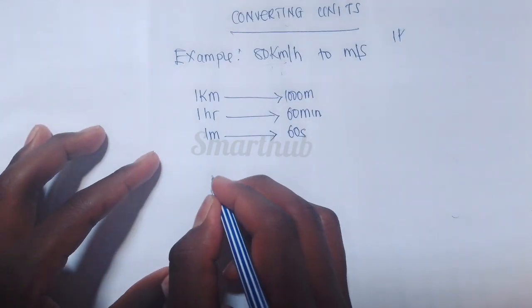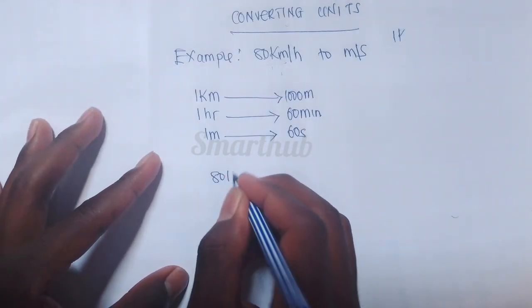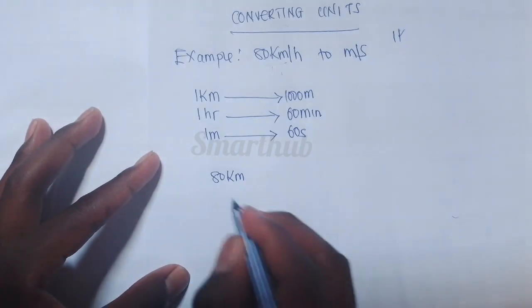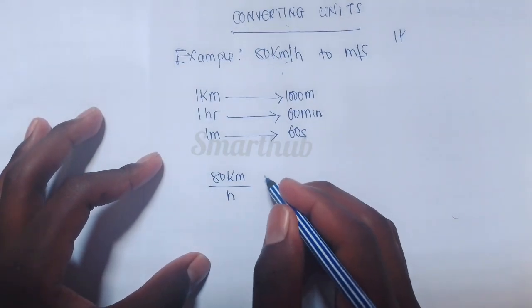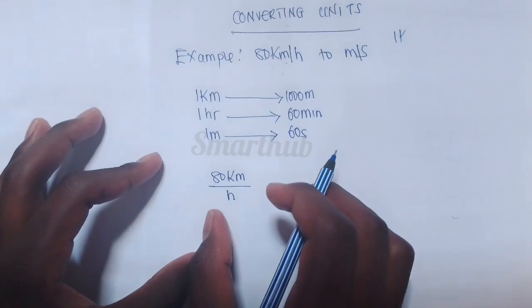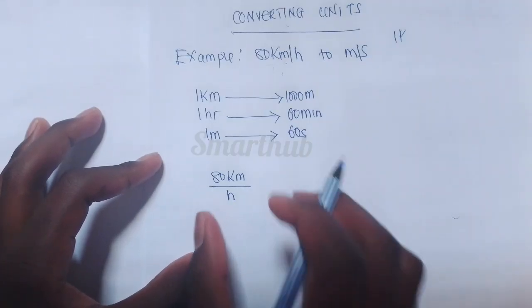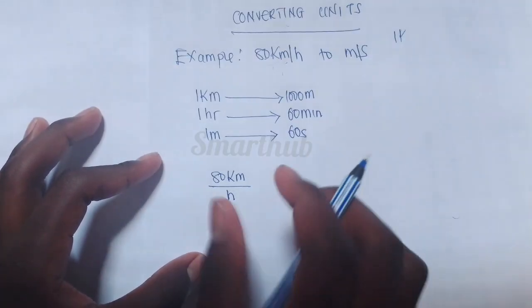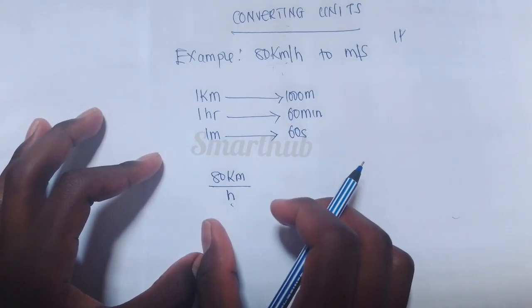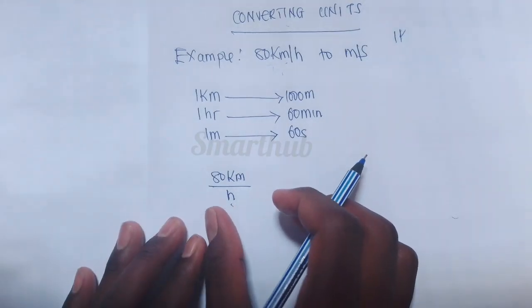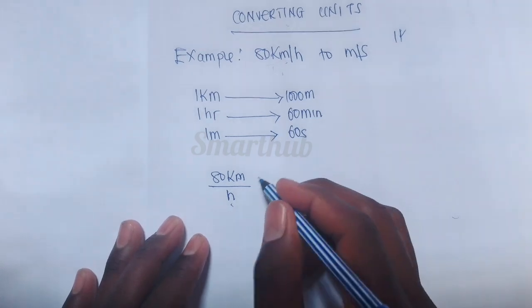So you say 80 kilometers per hour. Then you start by converting. You start by converting time. Okay, so you have distance and time. So you first start with time.